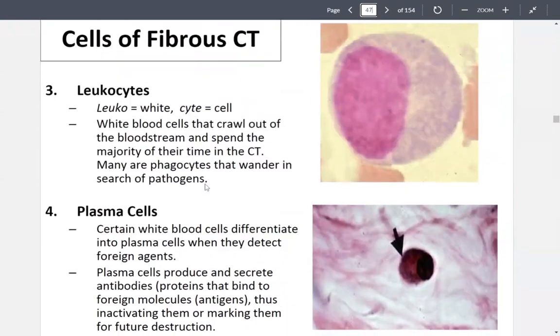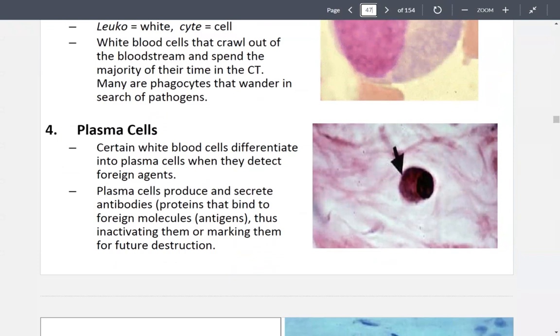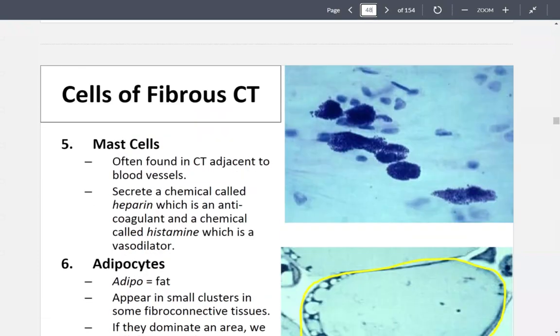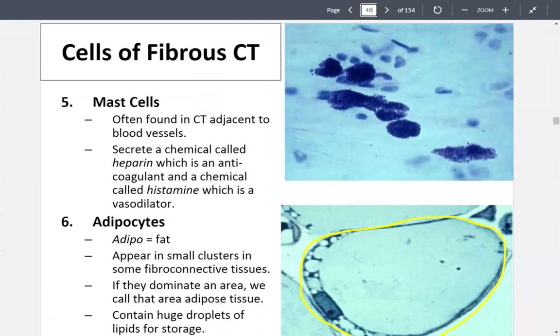We'll talk more about leukocytes and plasma cells in the appropriate system, which is going to be a combination of blood and the immune or lymphatic system. We're also going to have mast cells found here. These guys typically are found in connective tissue that is adjacent to a blood vessel. And part of the reason for this is mast cells secrete 2 compounds.